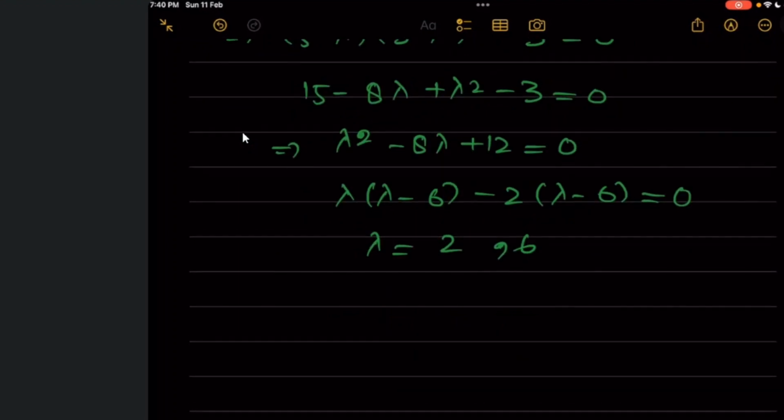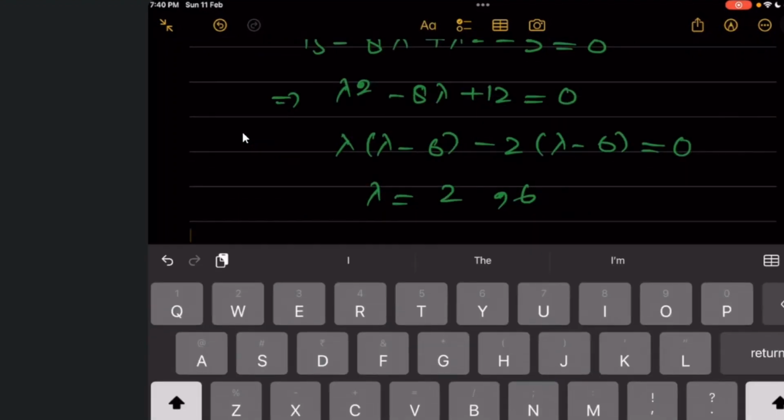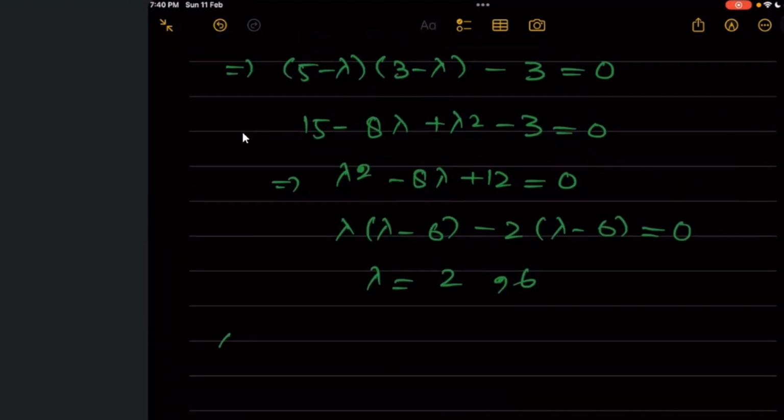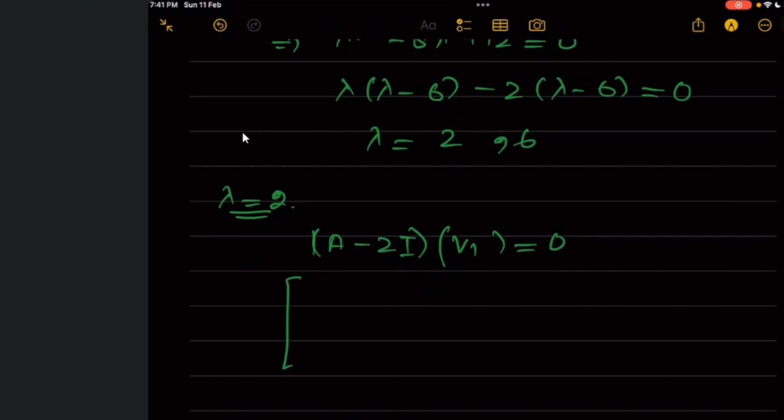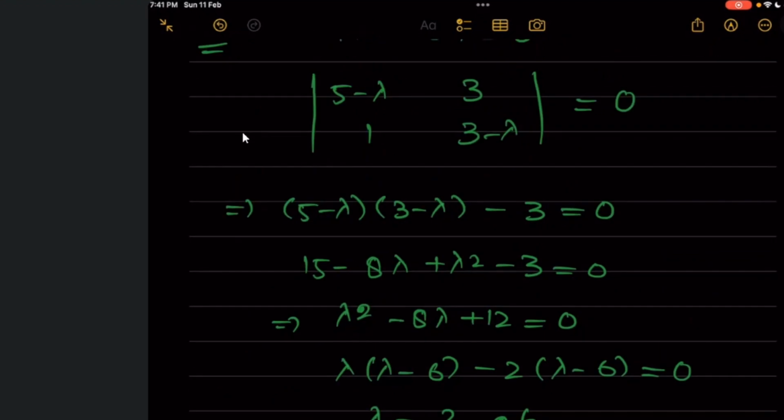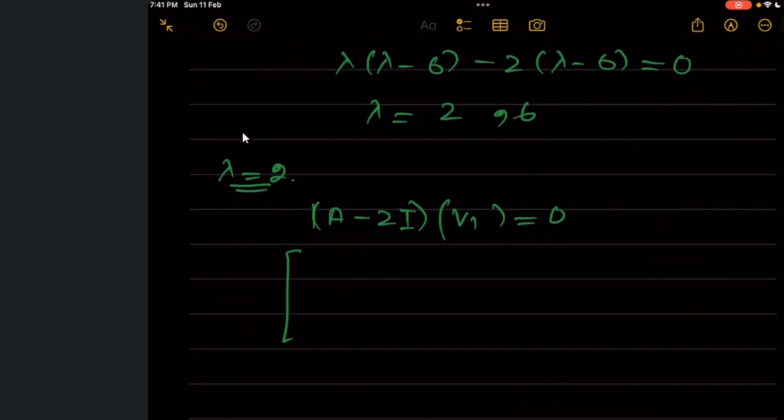Now first we will find the eigenvector corresponding to lambda equal to, say, 2. Corresponding to 2, what we will do, (A minus 2I) into, say, v1 equal to 0. Then here, what is A minus 2I? Quickly, I want 3, 3, 1, 1.